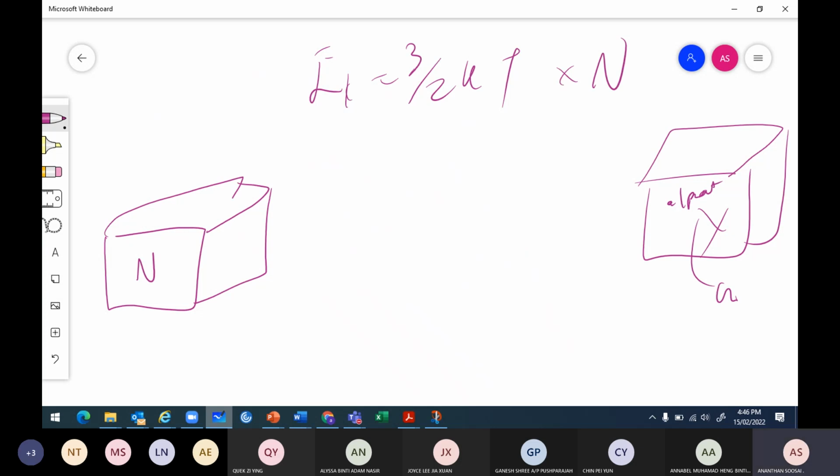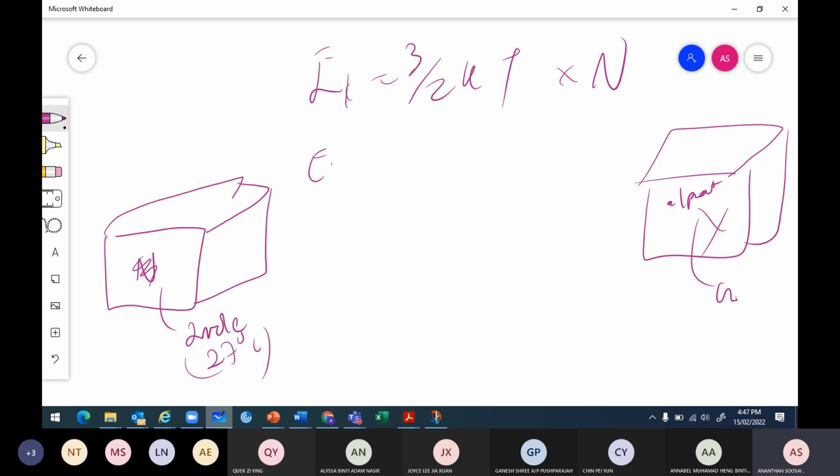If the gas contains 2 mole of gas at a temperature of 27 degrees Celsius, what is the total kinetic energy of the particles?